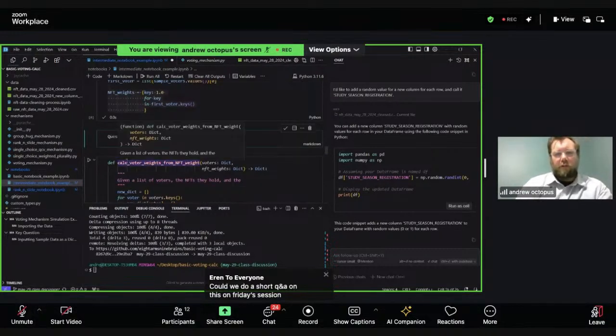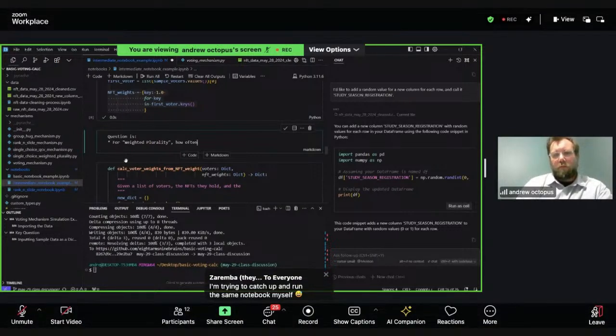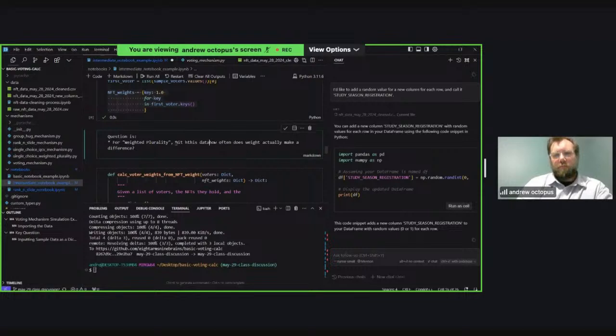My question is, and I'm going to start off with just weighted plurality, which is not one of the mechanisms we're considering. My question is, for weighted plurality with this data set, how often does weight actually make a difference?